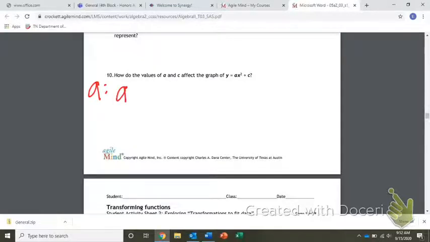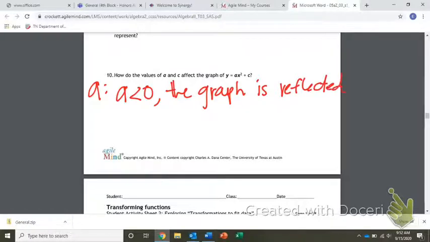When A is less than 0, meaning it is a negative number, the graph does 2 things. First, it is reflected across the x-axis, meaning it flips.